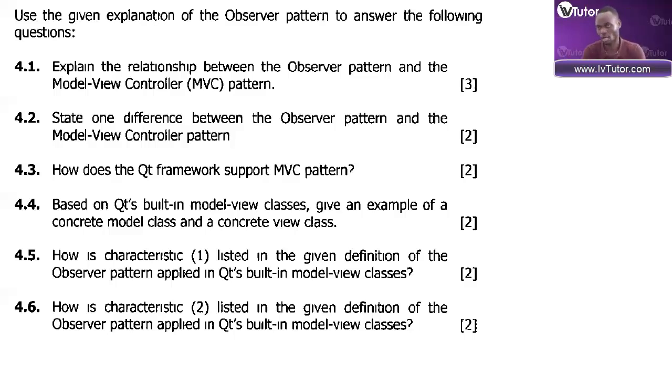So that is how that would be applied in the given definition. So this went more into detail on how the MV framework is an implementation of the MV pattern or the MVC pattern.